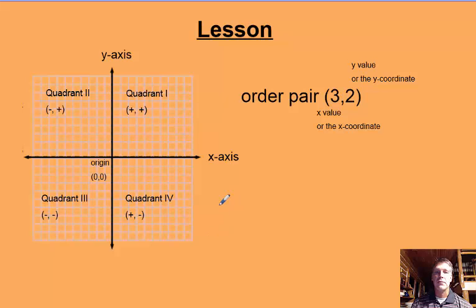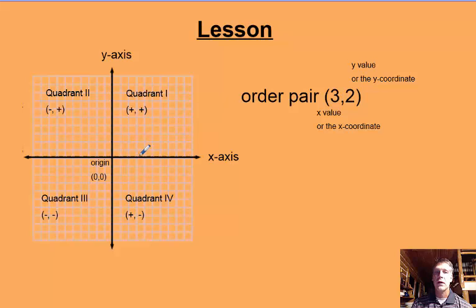Alright, your coordinate plane is made up of 2 number lines basically. The first number line that you have is called the x-axis right here. This is the x-axis, and the middle of it is 0, just like on a number line, and then you got positive numbers to the right, negative numbers to the left.